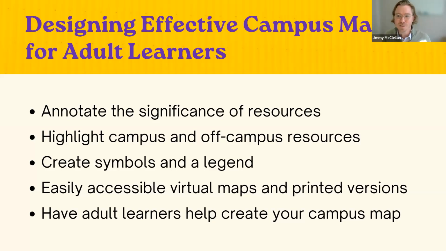So in conversation with LT, what sparked the conversation about maps today was thinking about some of the examples of schools we know that are doing this really well, and key points to include in maps that can automatically make them more accessible for our adult learners, but that end up helping probably everyone at the institution because they become more inclusive. So some effective campus maps for adult learners have included things like annotations.